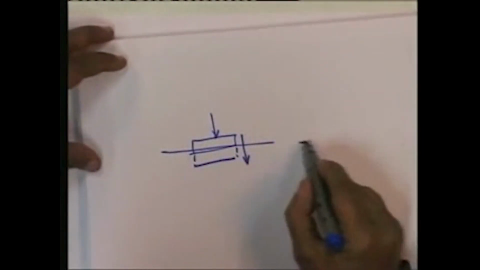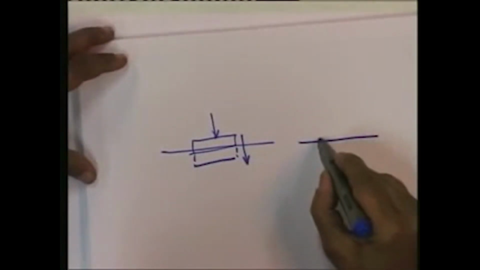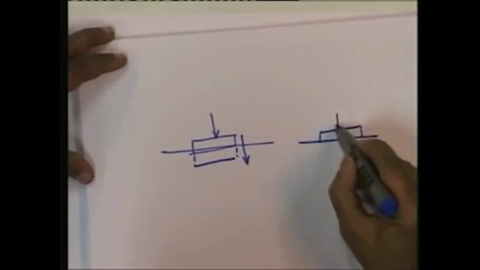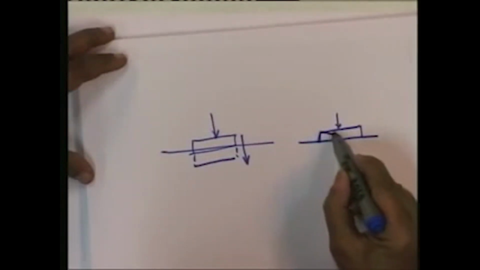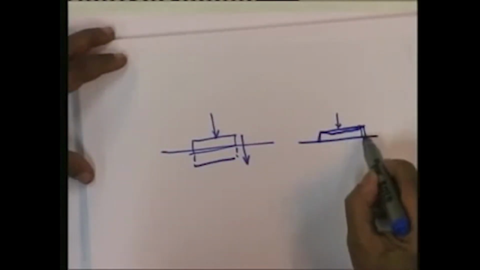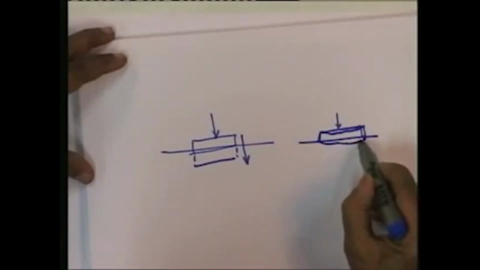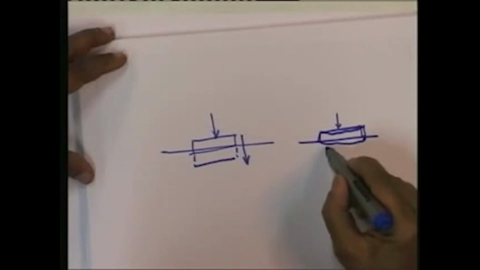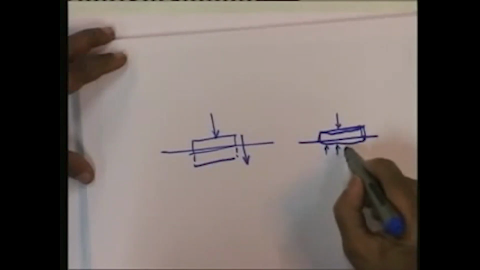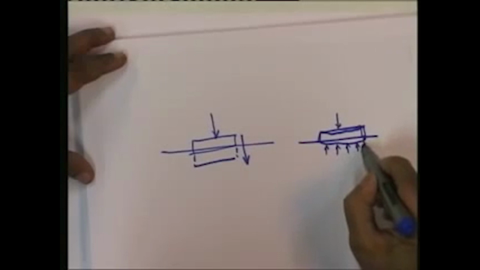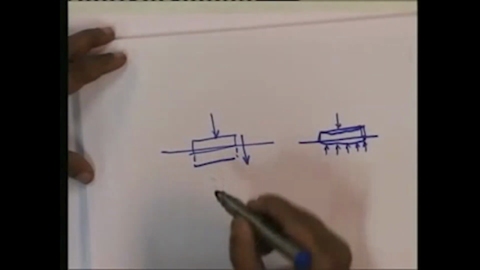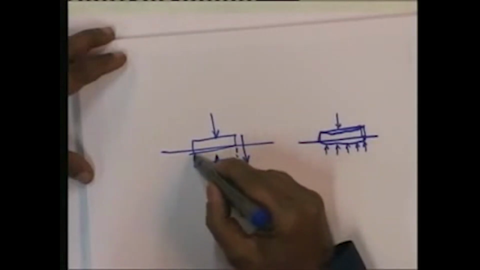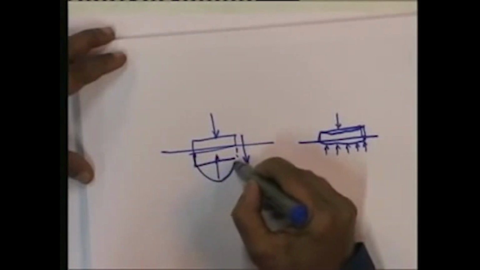Now, if on the other hand this foundation is a flexible object, then when I apply a load, this is likely to bend like this, which means that it will experience uniform stress from below, whereas in the rigid case it may experience very large stresses at the center, but lesser stresses at the edge.